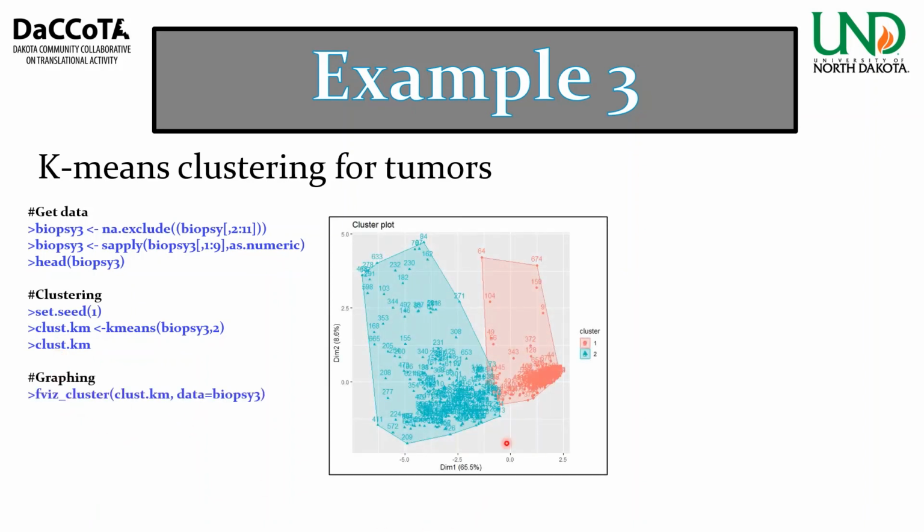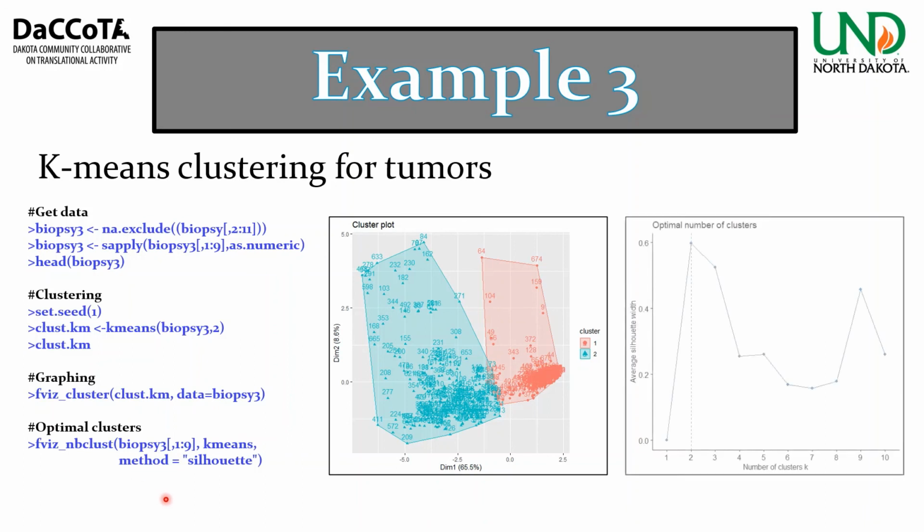So here we go. We end up getting 2 clusters here, which we are expecting that one of these clusters is going to be benign, the other malignant. Looks like they separate fairly well, though, down this area, this sort of space. There is definitely some overlap. And then you can actually look at the optimal clusters, and a silhouette method, I think, is the nicest.